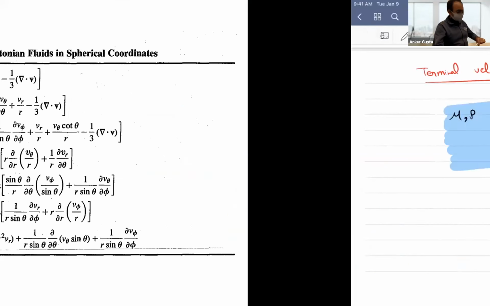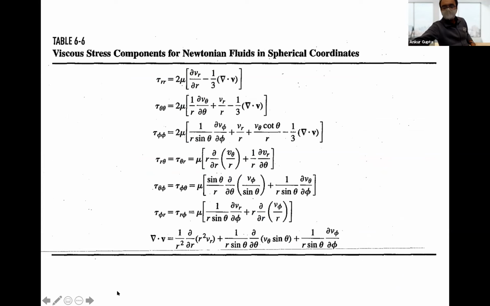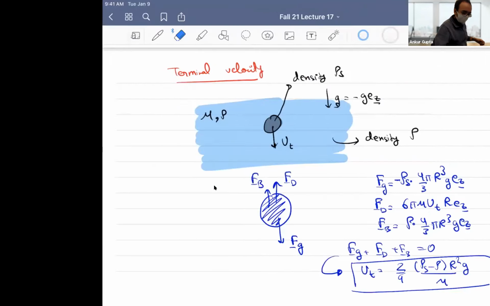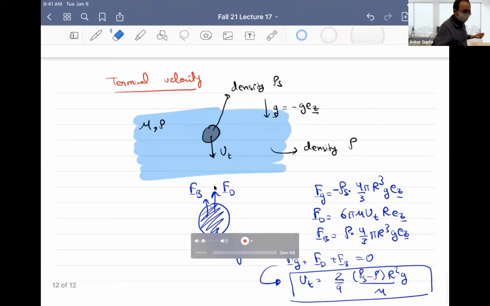One question before we close the lecture is this: since buoyancy force is the hydrostatic pressure force, which is what we calculate, right? That buoyancy force is basically the hydrostatic pressure force, and a drag force already has a pressure, right? So when I calculate drag, I already have the pressure force here.